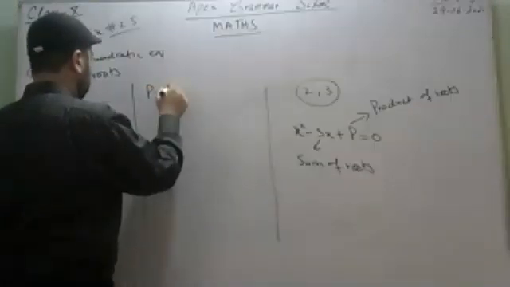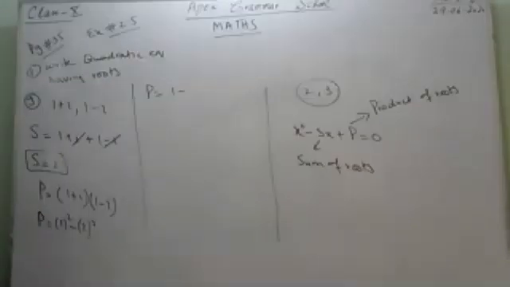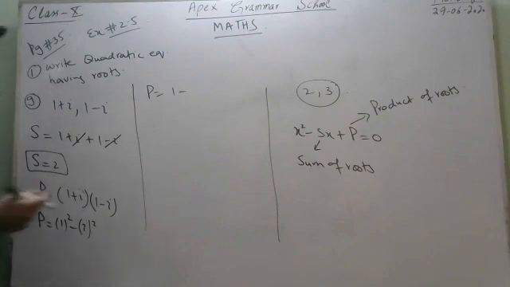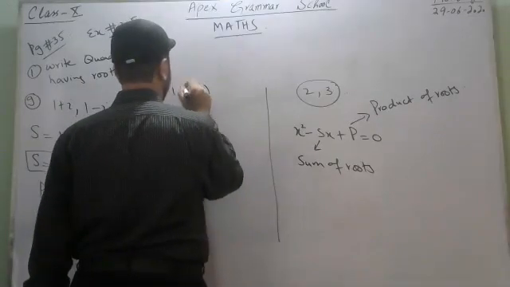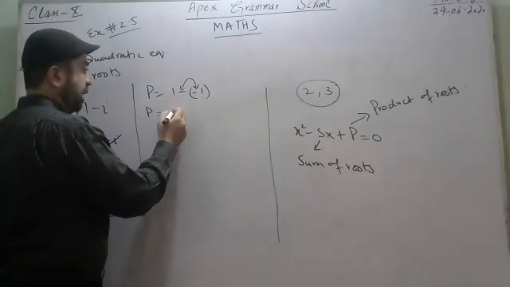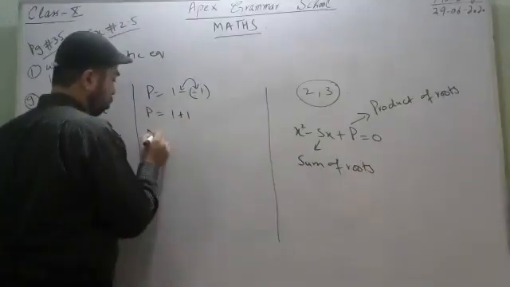P is equal to 1 square, means 1, minus iota square. You have knowledge about it. Iota square means minus 1. So this minus is one side and this minus 1 will be another. Minus into this minus makes plus 1. So product is 2.